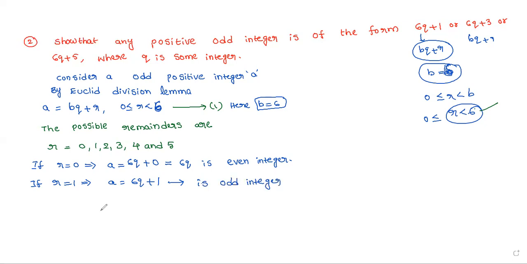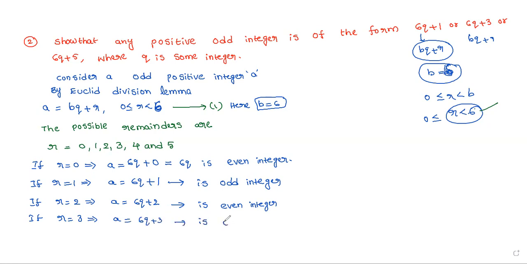Next, if r is equal to 2, a is equal to 6q plus 2, which is an even integer. If r is equal to 3, a is equal to 6q plus 3, an odd integer.